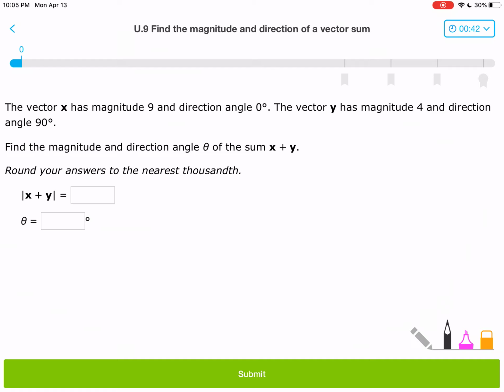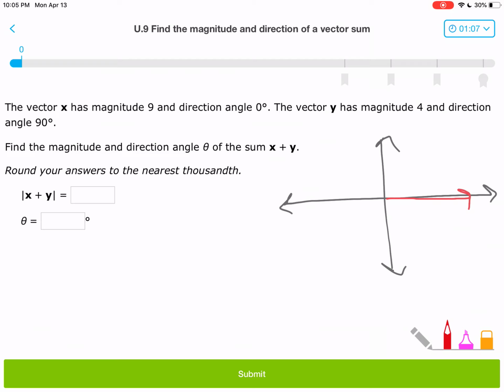Okay, so this problem is going to be pretty easy for us to solve because they've given us really convenient angles. Let's look at the first vector. It has a magnitude of 9 and a direction angle of 0 degrees. Well, 0 degrees would just be right along the x-axis. So that means I have a vector here just going to the right, 9.